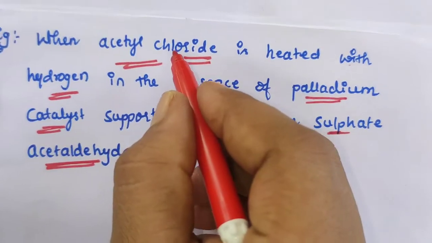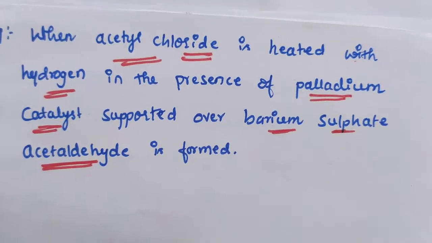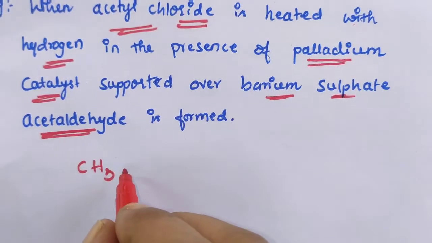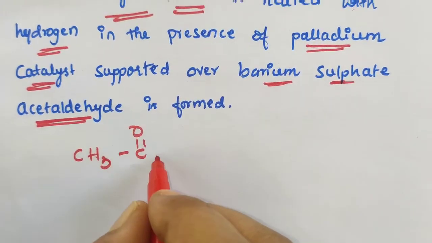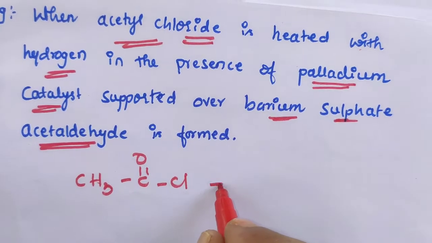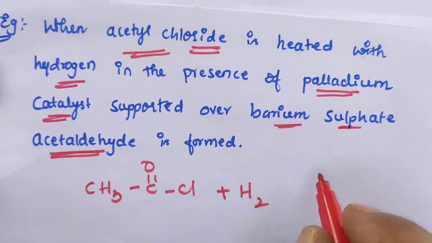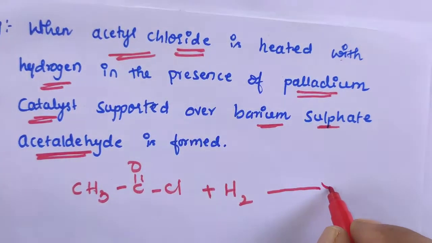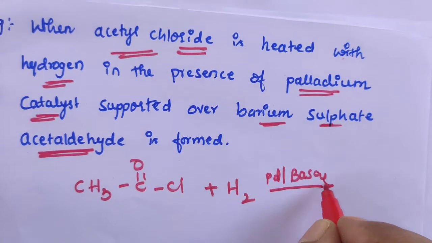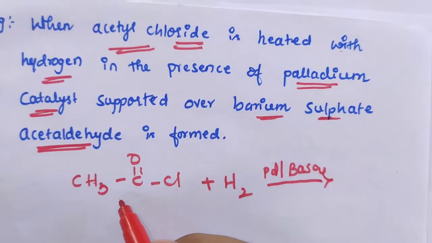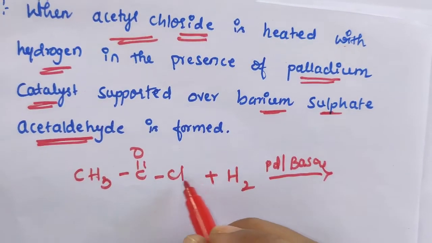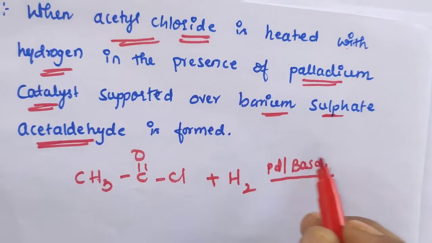Acetyl chloride, CH3COCl, is treated with H2 in the presence of palladium over barium sulfate as a catalyst. As in the general reaction, we replace Cl by H, with elimination of HCl.